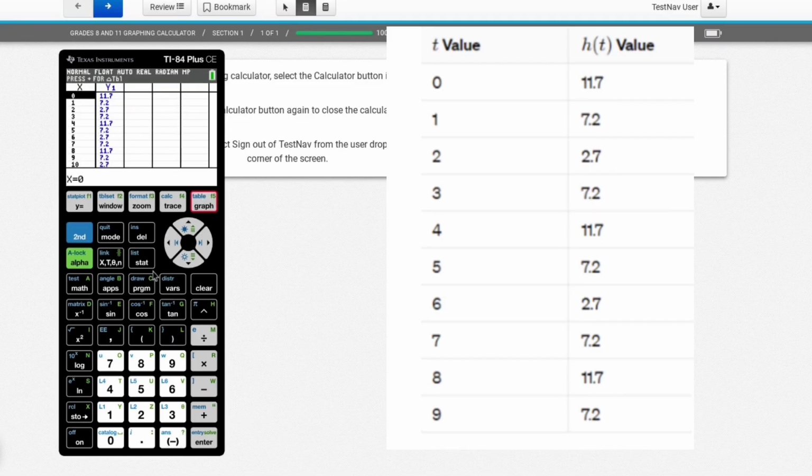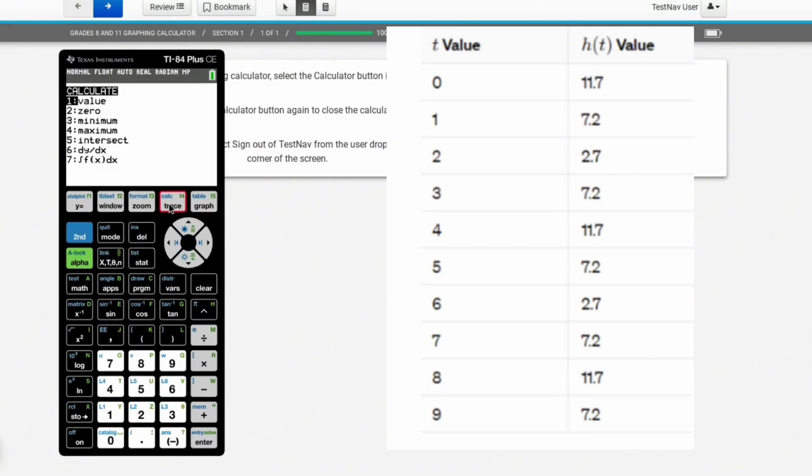Now, at 22.2, we can do the same thing we did for part B and type out value and do 22.2. And that's going to get us 2.92. 2.920, but we're going to stop at 2.92.